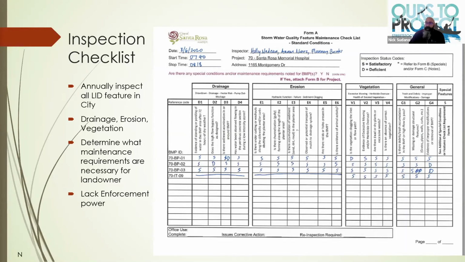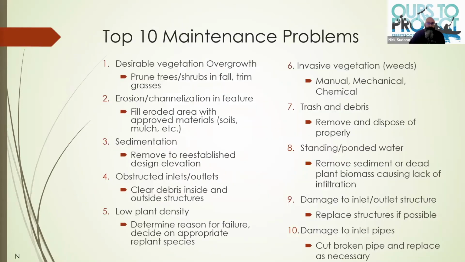Those are things just to be aware of. The more detail you can provide to owners on how they can maintain this, the better chance they have of passing a compliance inspection from a municipality.